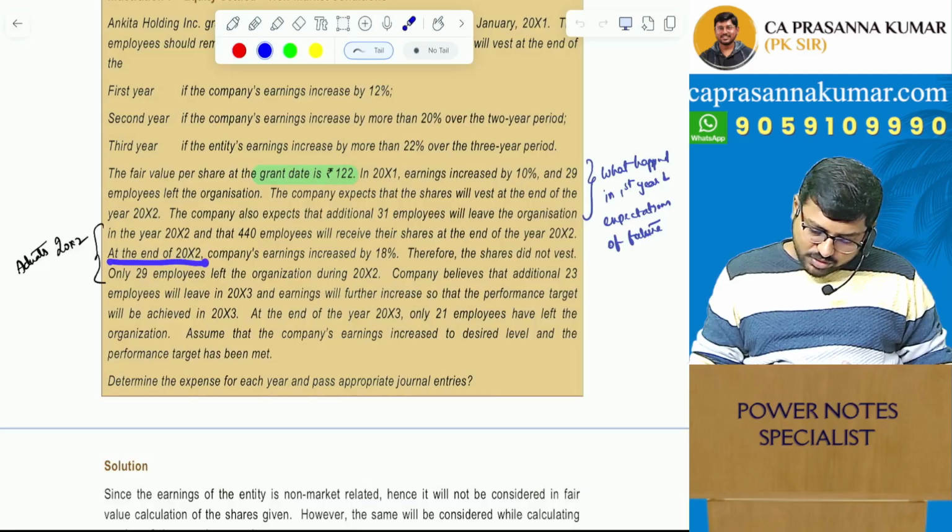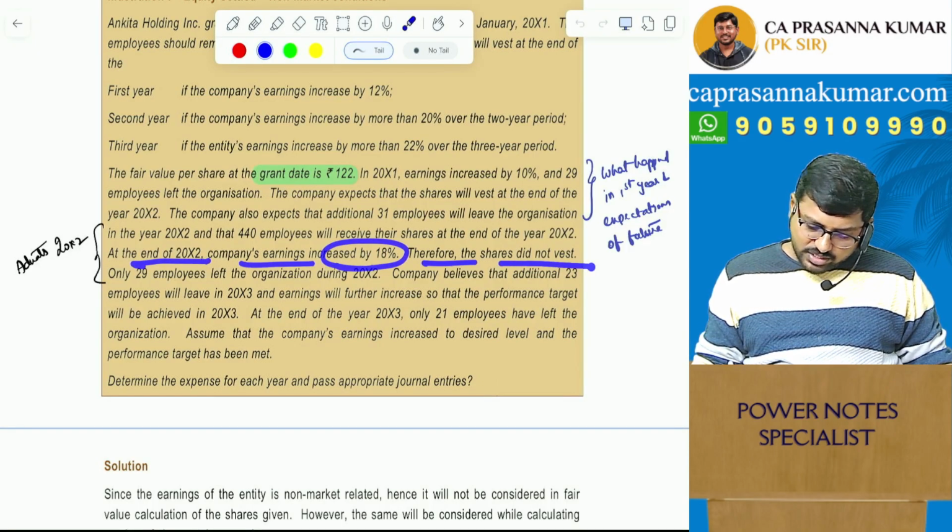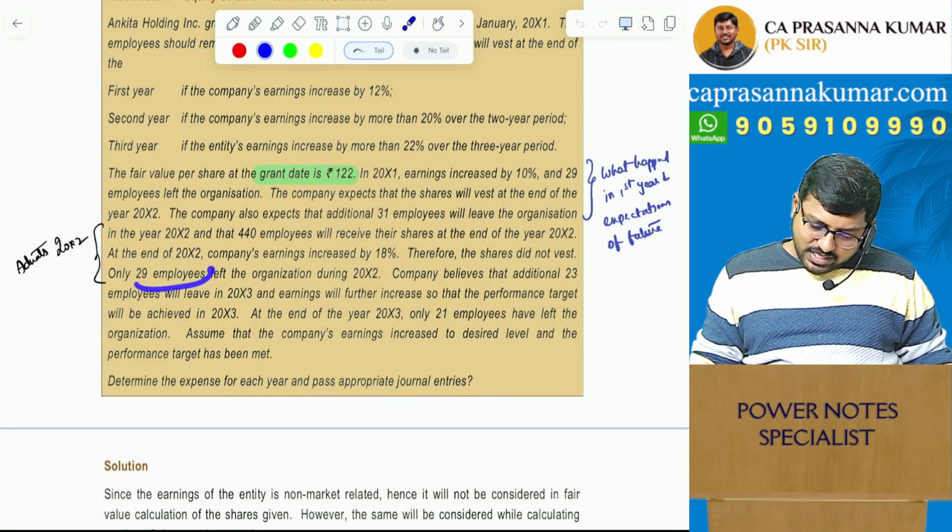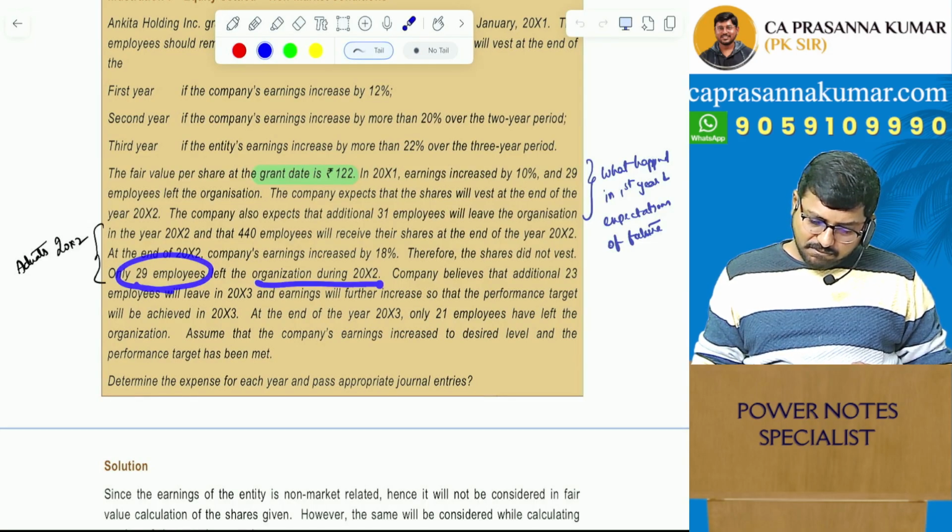At the end of year 2, the company's earnings increased by 18%. Therefore, shares did not vest. Only 29 employees left the organization during 20x2. So in the first year, how many employees have left the organization? 29, that is the first year.